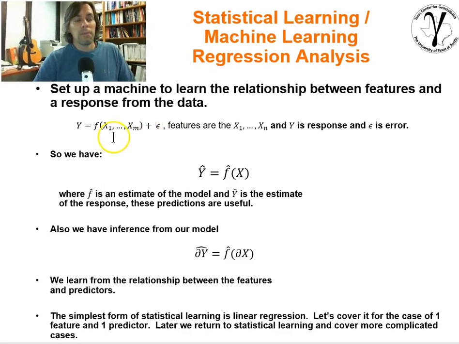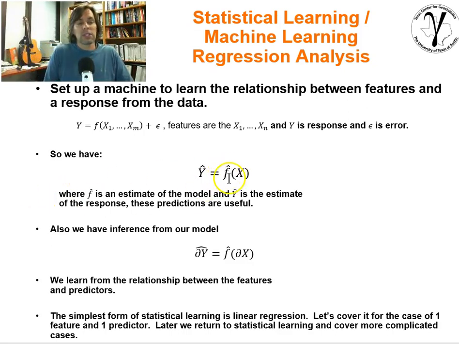But of course we don't know f. F is not provided to us, so we have the following problem. We can simplify it down to an estimate of y, indicated by y hat, is equal to a function hat, because we're estimating the function as part of our statistical learning or machine learning approach, based on a set of features or available predictors that we have to work with.